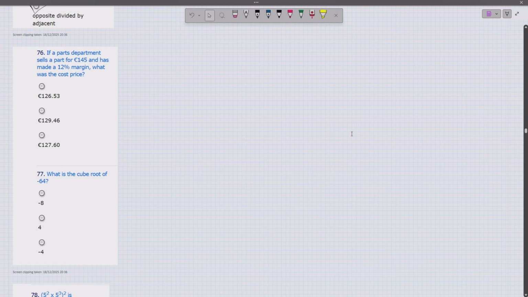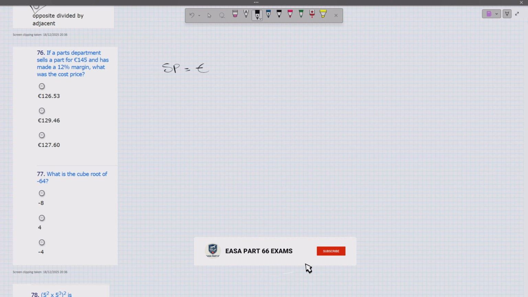Question 76. If a parts department sells a part for 145 euros and has made a 12% margin, what was the cost price? So the selling price was given to you: selling price 145 euros, and the profit, which is the margin, is 12%.